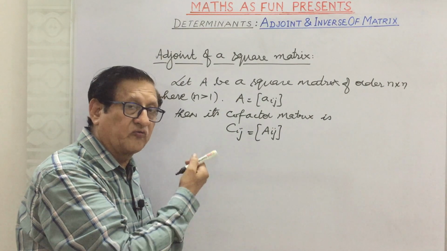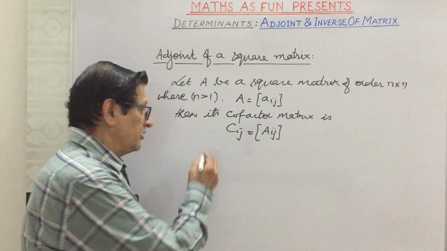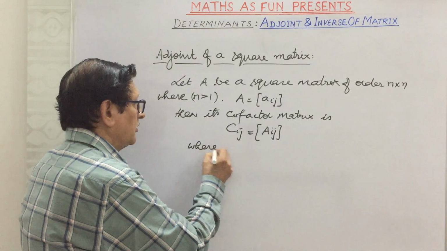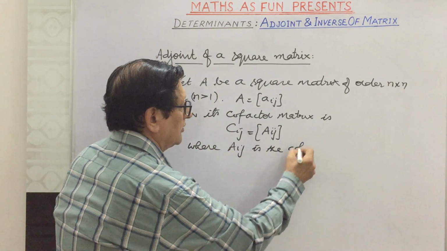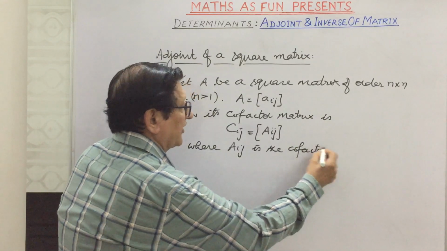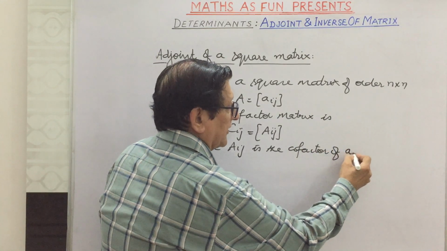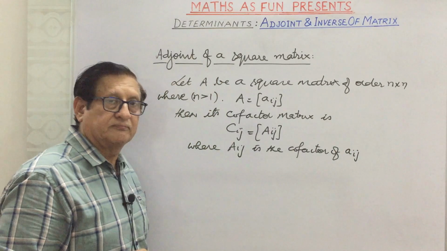We have already learned how to find out the cofactors, where Aij is the cofactor of aij.